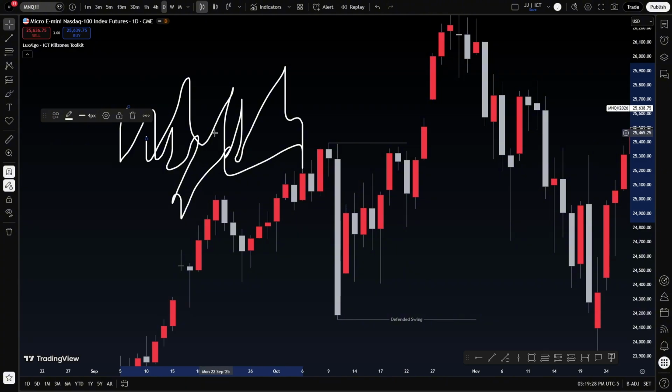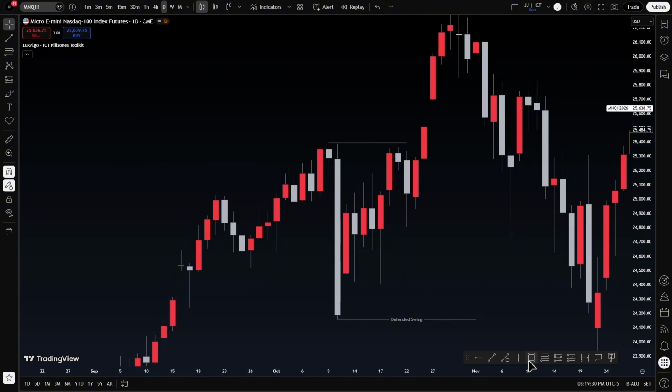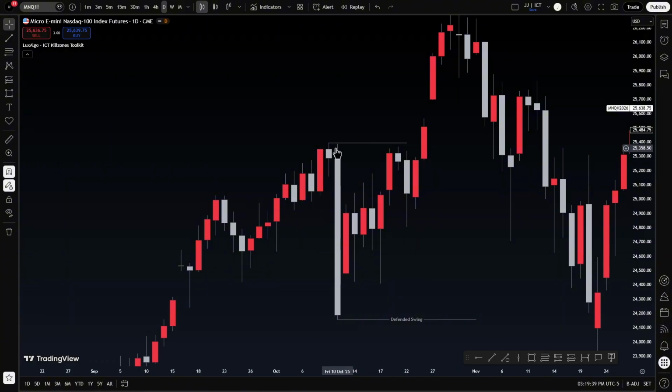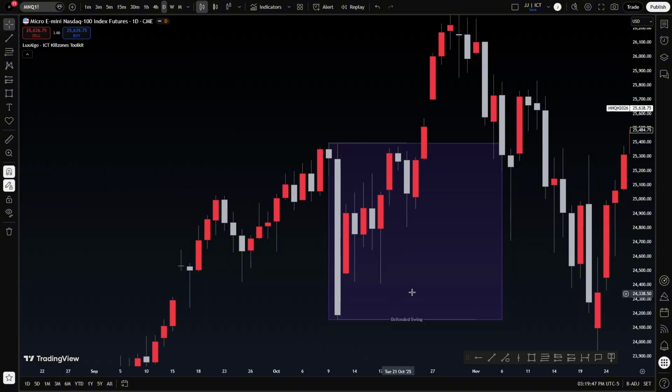But if it was a very rangy type of range, because there are different types of ranges, then close proximity would be within this range before it breaks higher, if it's staying within the range of the entire swing lower creating the defended swing.